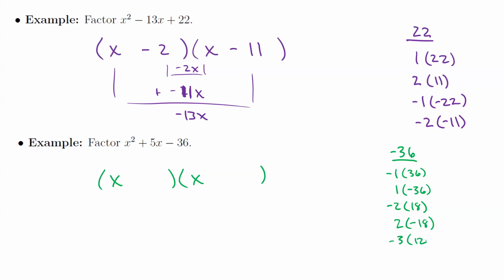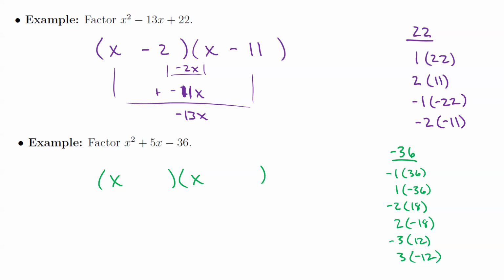3 times 12 is also a way to make 36. And please understand what I'm doing here. Negative 36 is going to be kind of a long list, actually. As I make this list, I'm starting with 1 and then going to 2, then 3, then 4, then 5. I'm asking, can I divide 36 by 1, by 2, by 3, by 4, by 5?